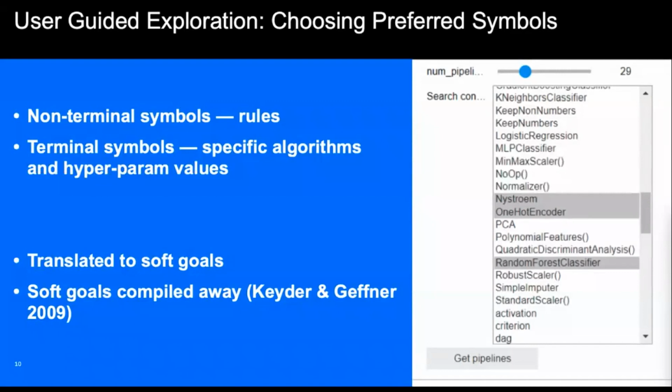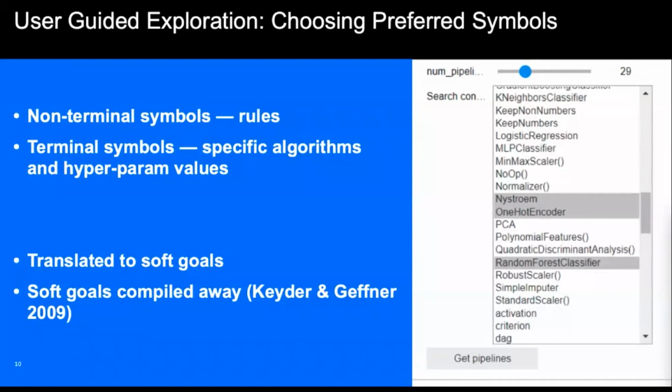In order to focus the exploration of valid pipelines, we allow for specifying preferred non-terminal and terminal symbols. The non-terminal symbols correspond to the rules of the grammar and allow us to prefer, for instance, using a particular family of algorithms. Choosing terminal symbols allows for preferring a specific algorithm or even a specific value for a hyperparameter.